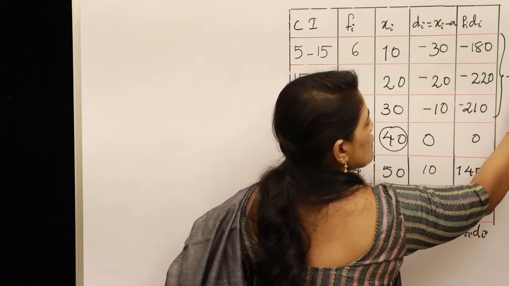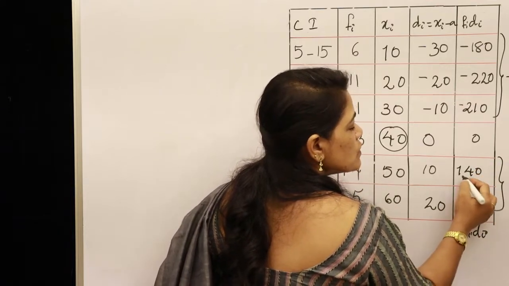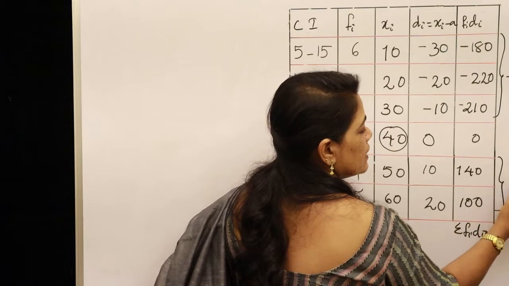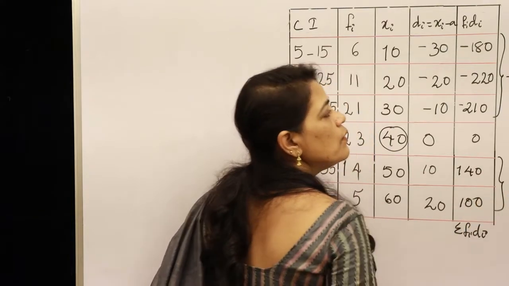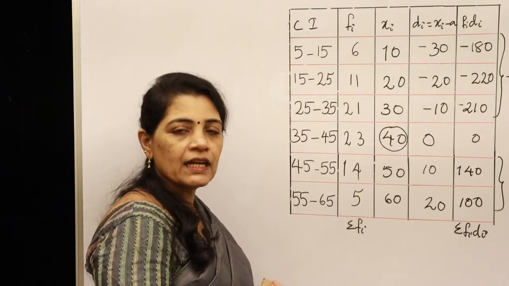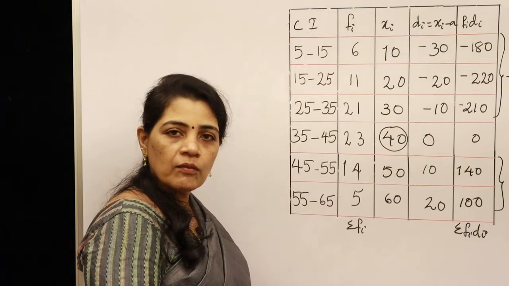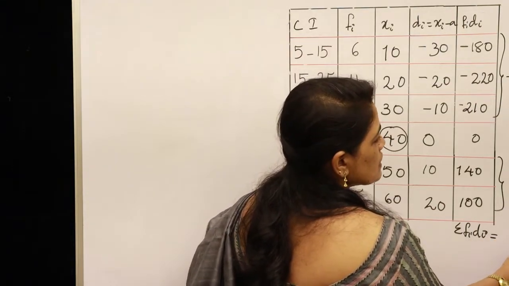So negative 610 comes here. Then the positives, 140 and 100, will be 240. So negative 610 and a positive 240. Take their difference and that will give you sigma fi di.